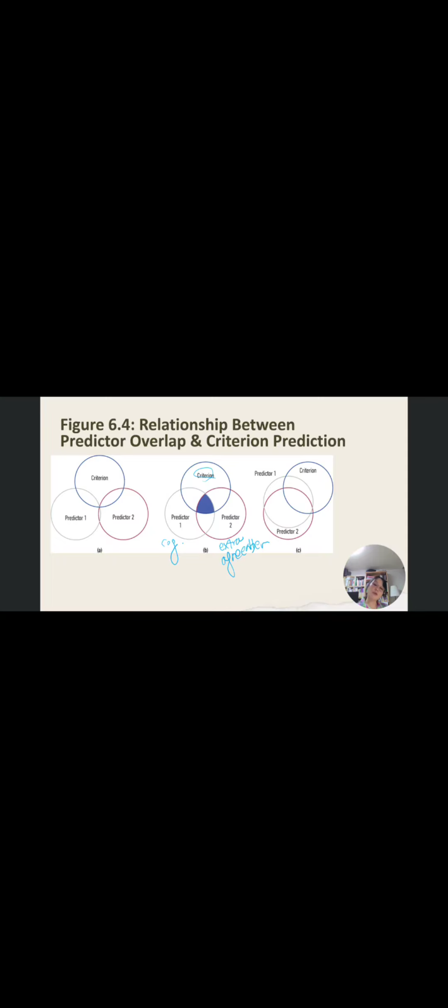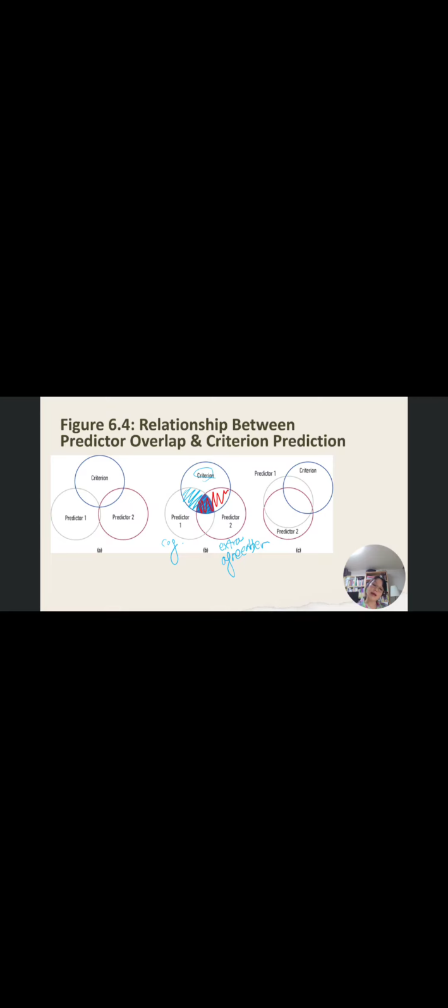So you want predictors to have a relationship with the criterion. This here is predictor 1, and this here is predictor 2.